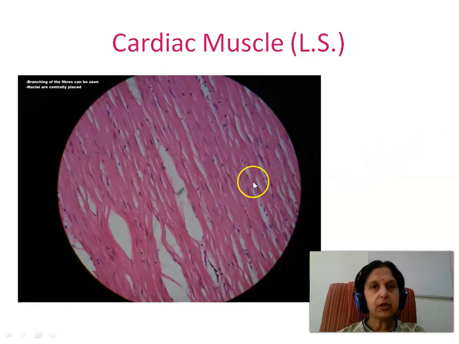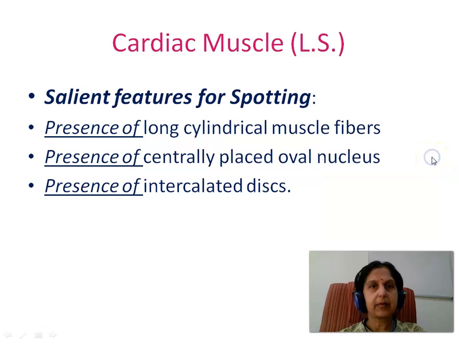Another view showing us the branching pattern, and we can also see the large oval single nucleus which is present in each myocyte. The salient features for spotting here are presence of long cylindrical muscle fibers, presence of centrally placed oval nucleus and presence of intercalated discs.